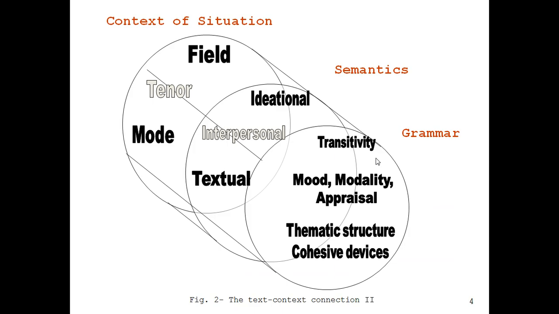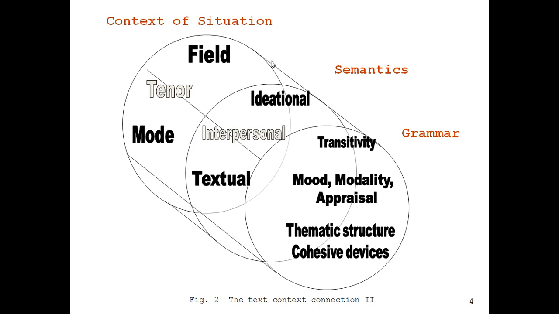Okay, now another diagram that we might like to look at concerning the representation of the context of situation. We start from the left hand side. We see field, tenor, and mode. Okay, as I told you, field is the meta function, the dimension of the context of situation that answers the question, what is going on?